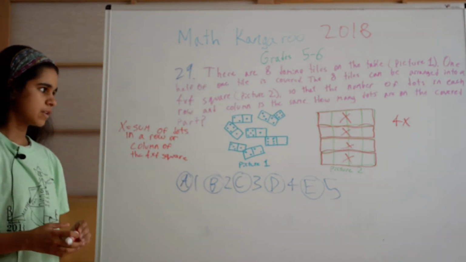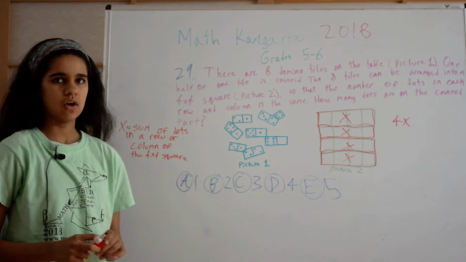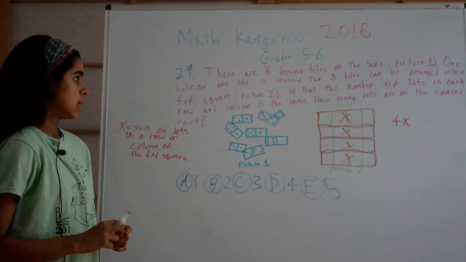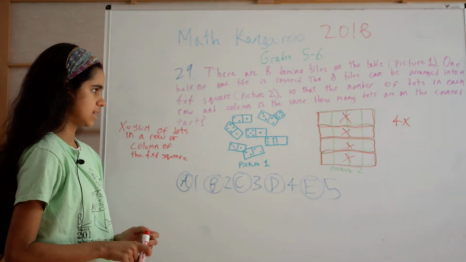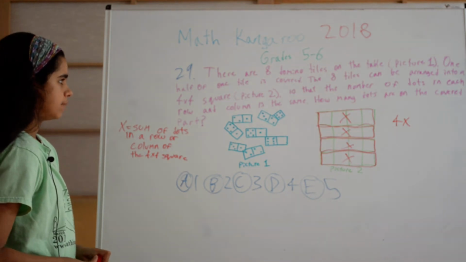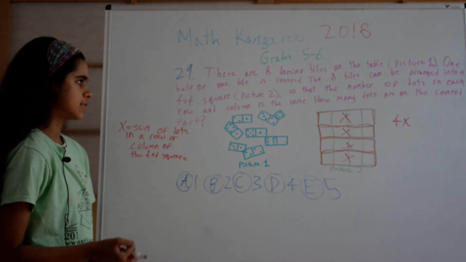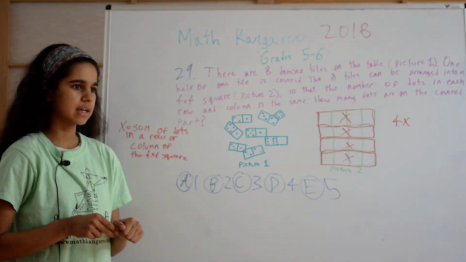So for the 4x4 square, the number of dots is going to be all the dots on all the different dominoes, because they're all arranged over the 4x4 square. And so we know that the number of dots on the dominoes, when we sum those up, is going to be 4x.